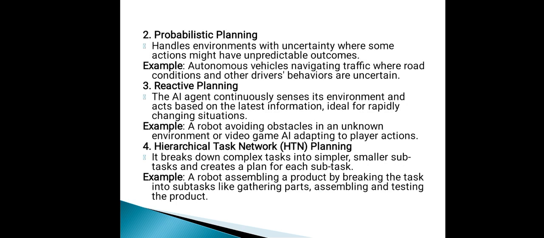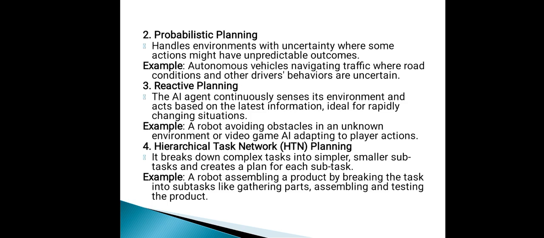Next, probabilistic planning. Probabilistic planning is used when the environment is uncertain. The AI system cannot always predict the exact result of every action because external factors may influence the outcome.